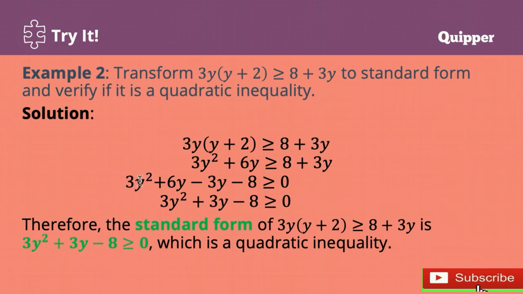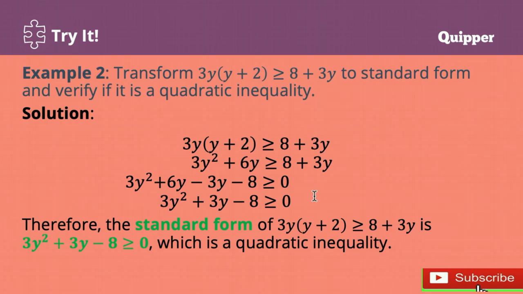Just copy 3y squared here. Then the simplified form is 3y squared plus 3y minus 8 is greater than or equal to 0. And that is already in standard form.